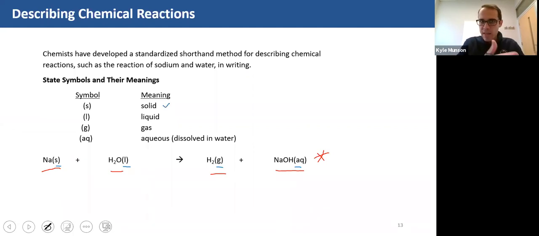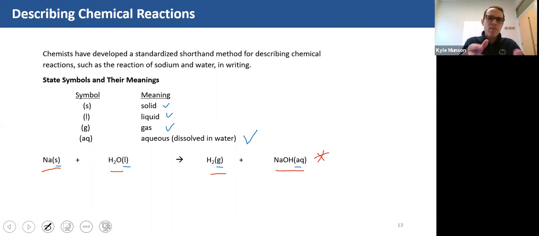So you take a solid piece of sodium, you put it in liquid water, that's what the L there is for, and it'll give you hydrogen gas, okay? And sodium hydroxide, aqueous is what this means, which means sodium hydroxide dissolved in water, okay? So chemists use these state symbols to represent what's going to happen in the chemical reaction.